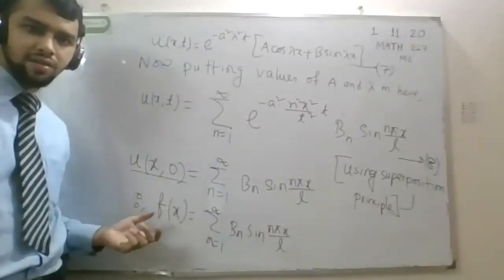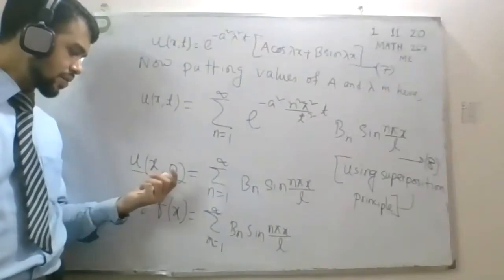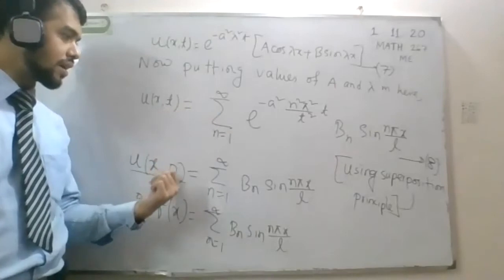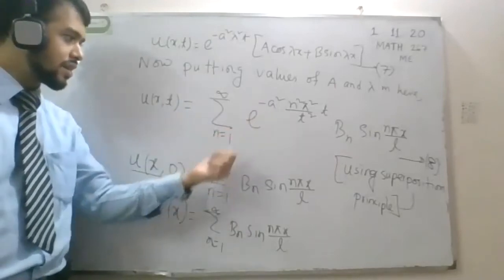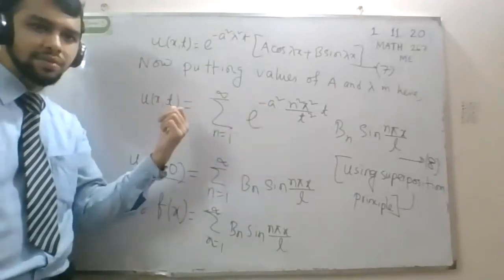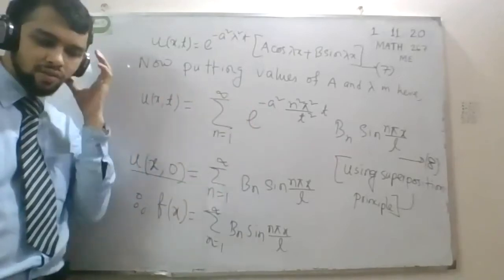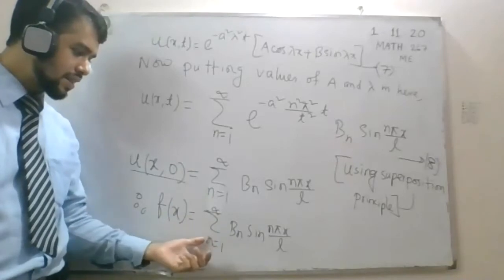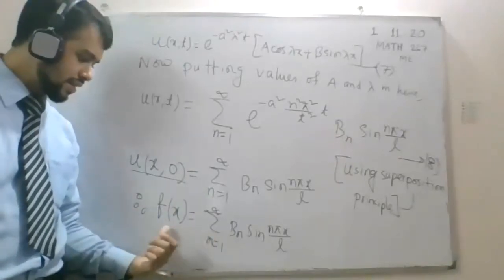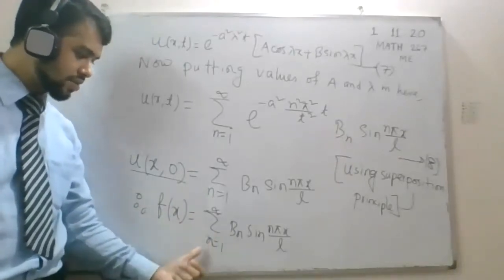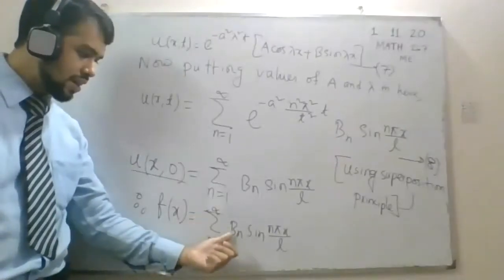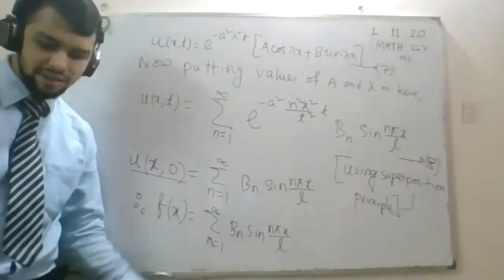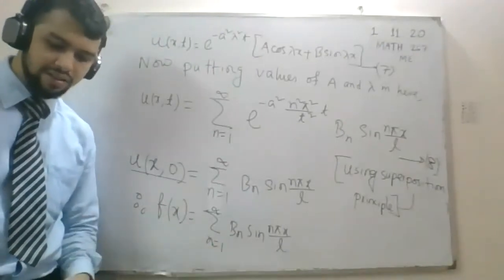So this is your condition where u(x, 0) equals f(x), and just put t equals 0 here, e to the power minus something, so you can get this equals 1. So after that you can get just these things, which is f(x) equals summation n equals 1 to infinity b_n sin(n pi x / l). Okay, now please tell me, how can I solve this thing?